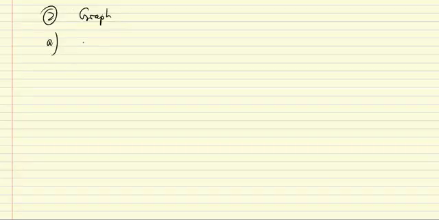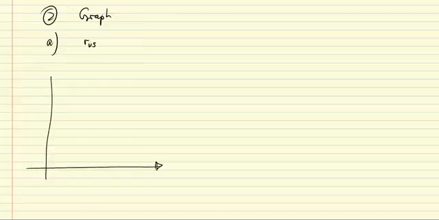So one, we have our US on the left hand side. We are going to use this graph ultimately to determine what the exchange rate is today between dollars and euros.